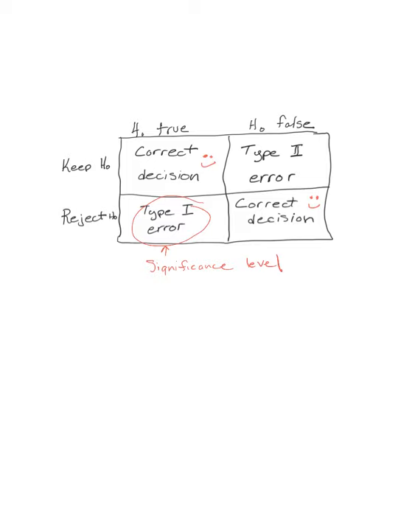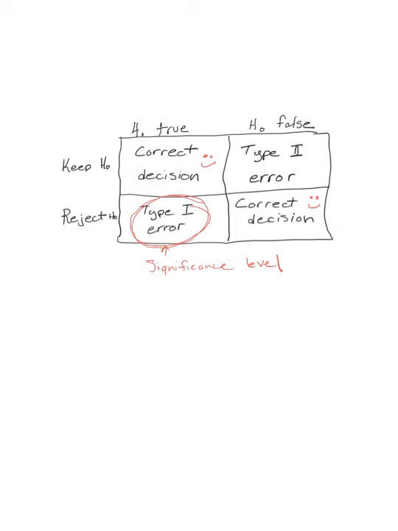For example, 5% is a commonly used significance level. So why would anyone want to choose a significance level of 5% when that means they're saying, okay, I'm okay with making a type 1 error 5% of the time? Why wouldn't we just choose type 1 to be 1% or even 0.5%?